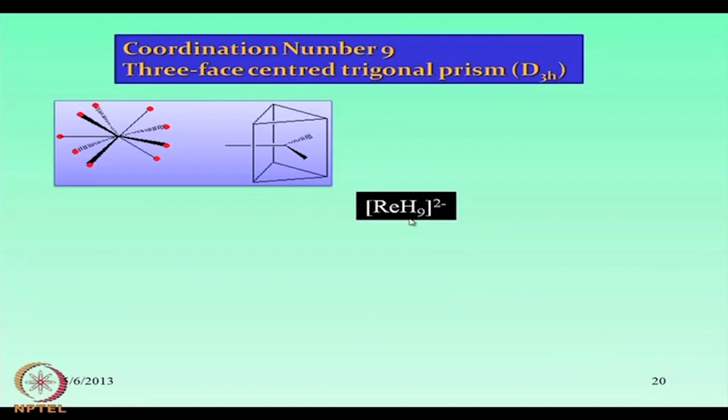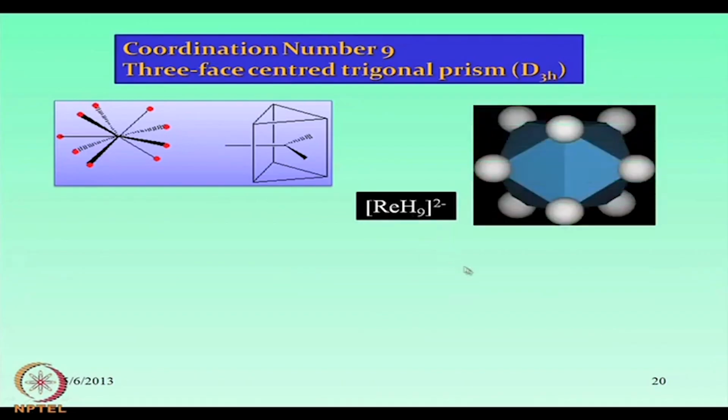This is possible for the rhenium nonahydride compound, which can go for the corresponding coordination of this. Rhenium is in the group of manganese: manganese, technetium and rhenium. This rhenium center is in +7 oxidation state, attached to 9 hydride groups, giving an overall charge of 2 minus. So, this is the structure fitting this particular capped trigonal prism.